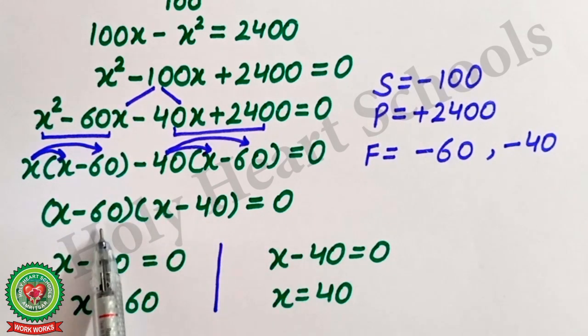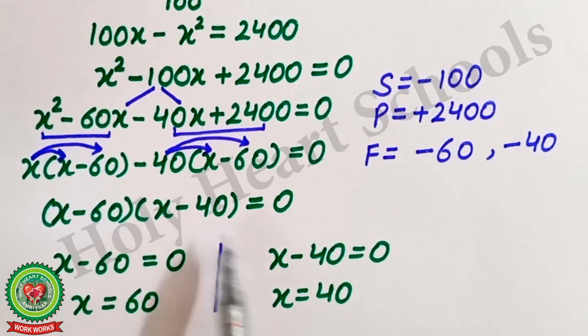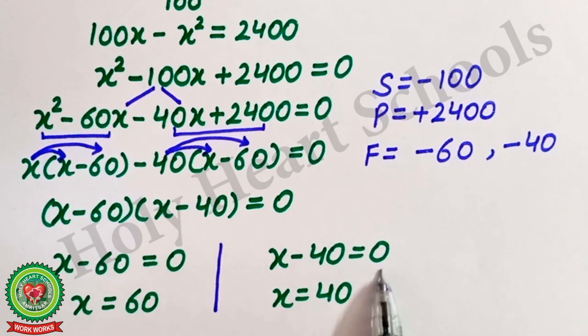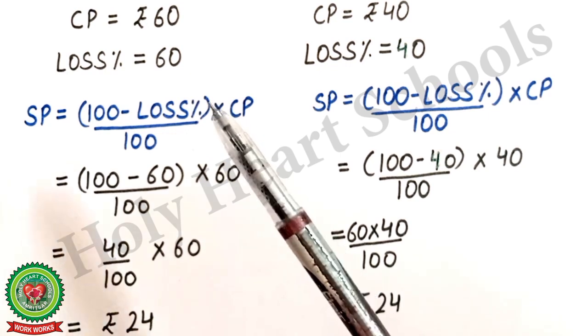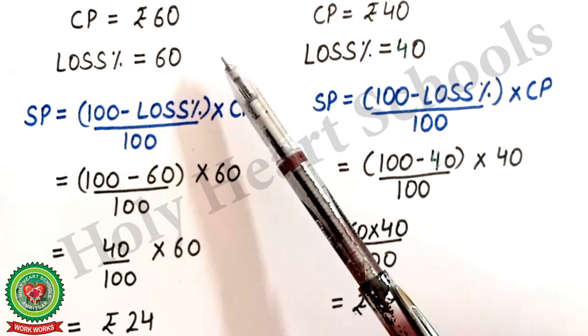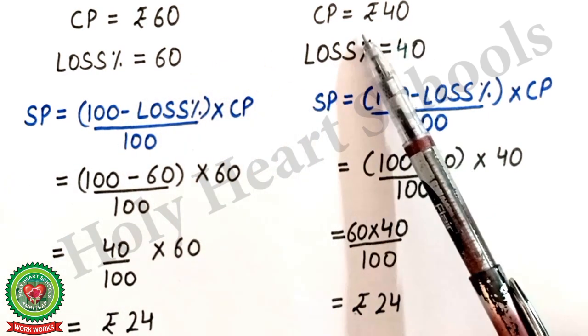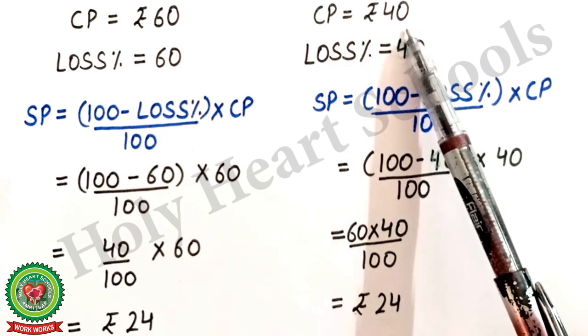Then either x minus 60 equals 0 or x minus 40 equals 0. From here x equals 60 and x equals 40. So after solving the quadratic equation, there are two values: in one case the cost price is rupees 60, and in the second case the cost price is rupees 40.